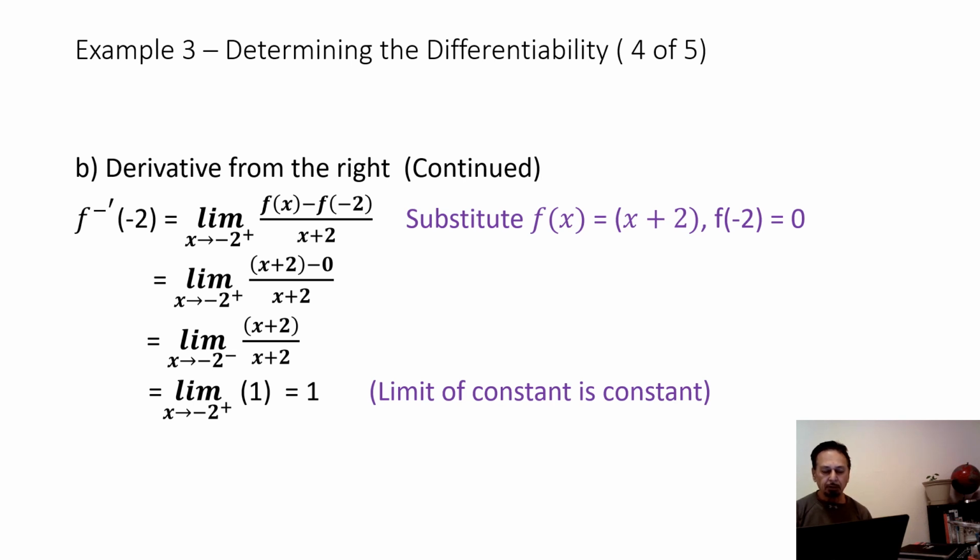Then f of x becomes x plus 2, f of negative 2 is 0. So this simplifies, x plus 2 cancels out, and we get 1. Now the limit of 1 as x approaches negative 2 from the right is 1, because 1 is a constant and the limit of a constant is the constant.